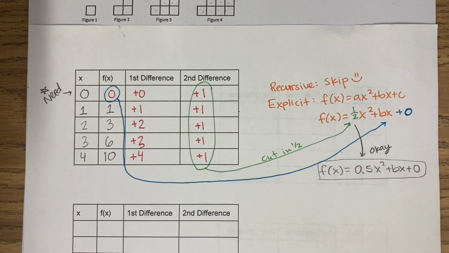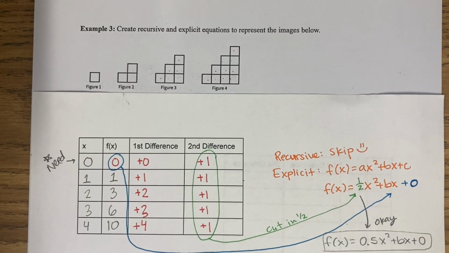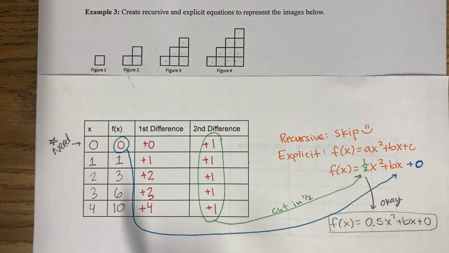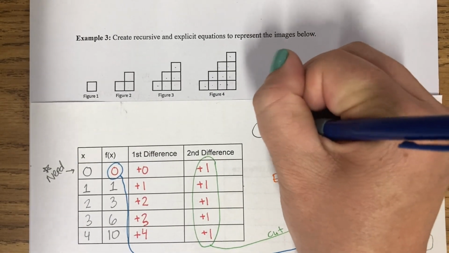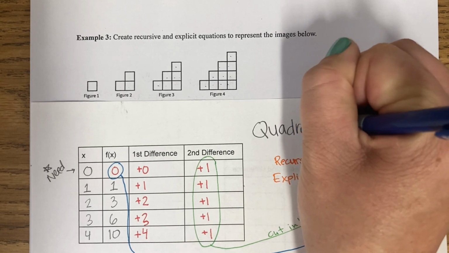So you may write a fraction or a decimal. And these patterns, when the pattern is changing in your table, it is called a quadratic function.